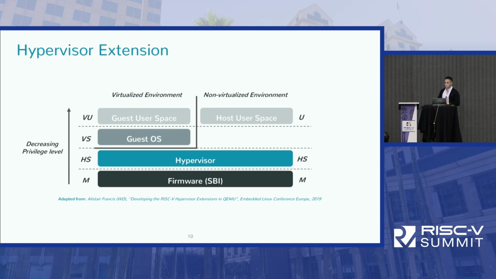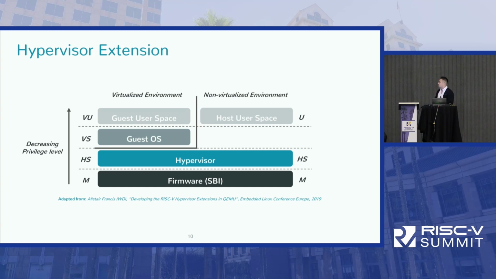Well, this is the augmented view of the privileged architecture that we have seen two or three slides ago. Here, we can see that the supervisor mode is augmented with the hypervisor-extended supervisor, and we have the virtual supervisor where you can run the guest operating system, and the virtual user where you can run your guest user space.